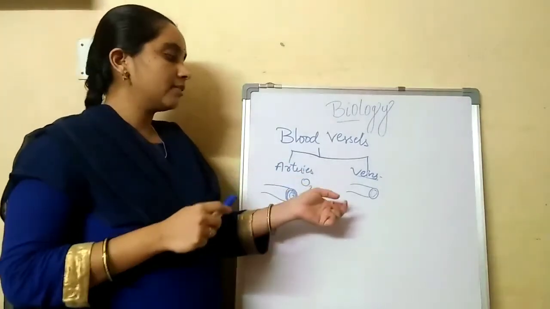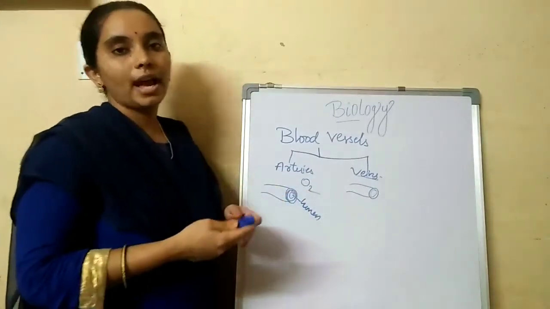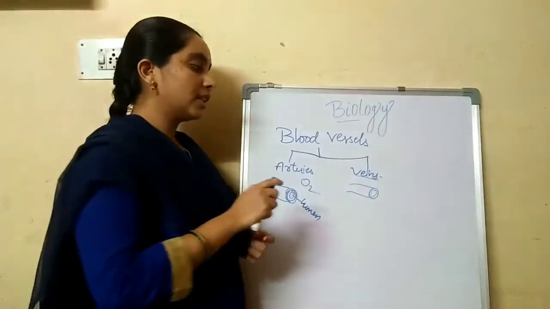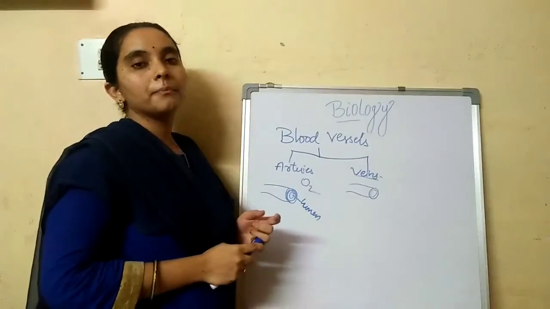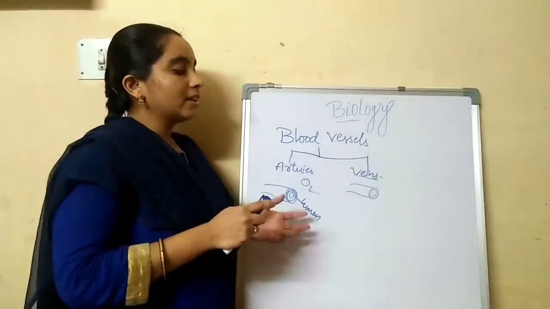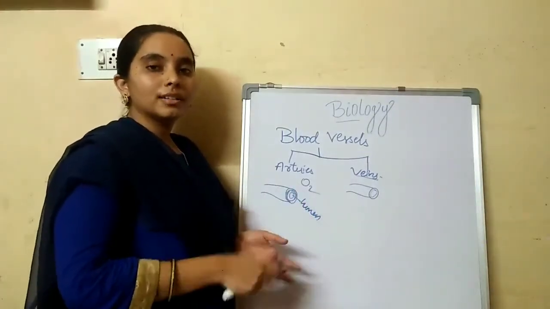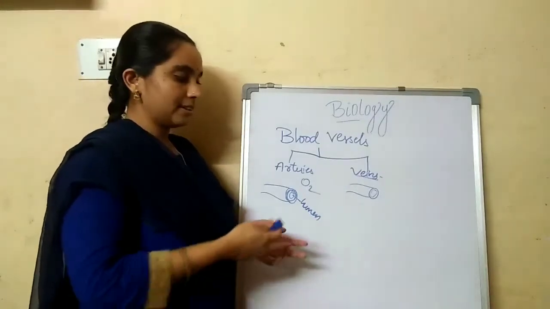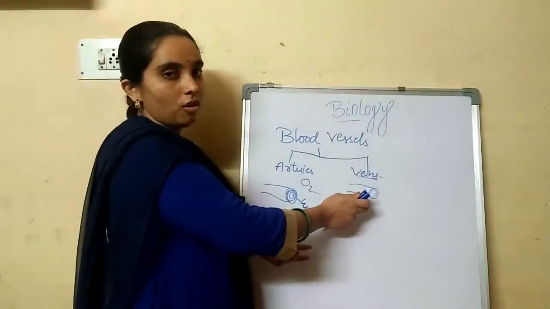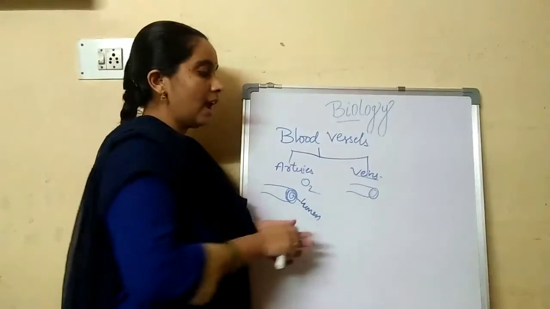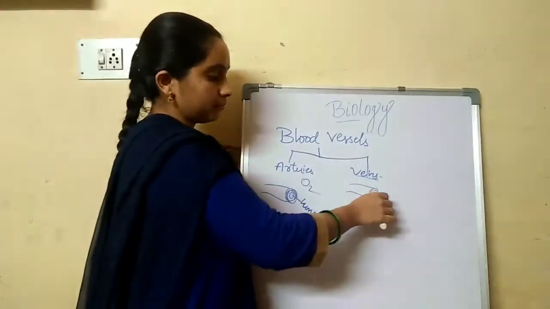Whereas veins carry deoxygenated blood. There is a very thin layer in the walls of these blood vessels, and the lumen is more.